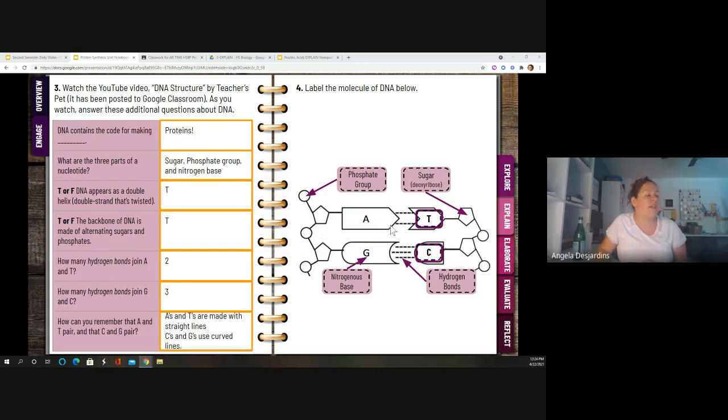Now when you're looking at the types of bonds that make up DNA, whenever you see these solid lines around the sugar, connecting the base, and connecting the sugars to the phosphates, those are referring to covalent bonds.